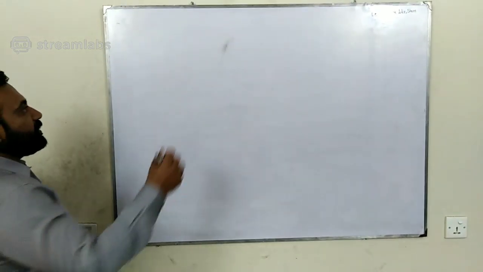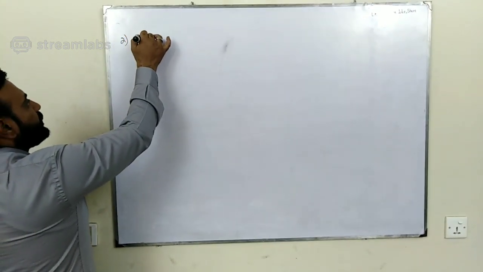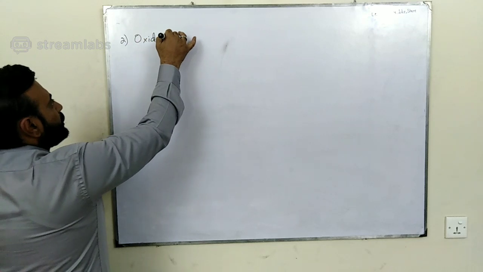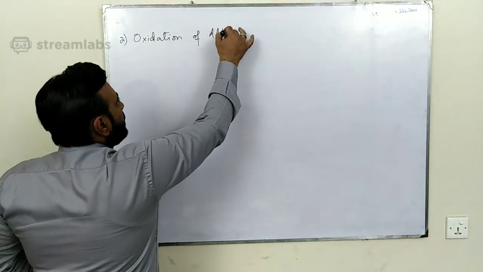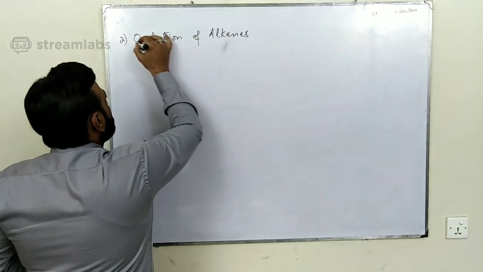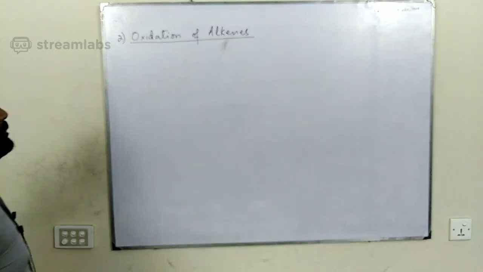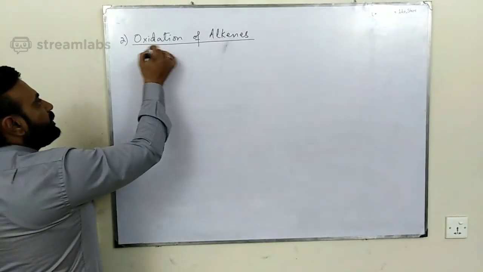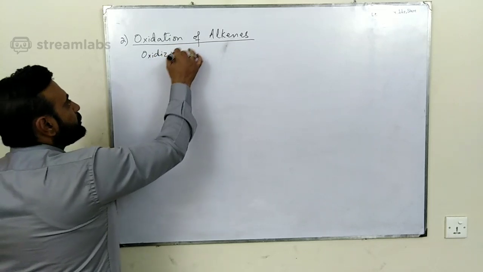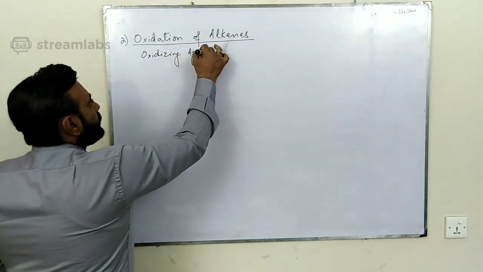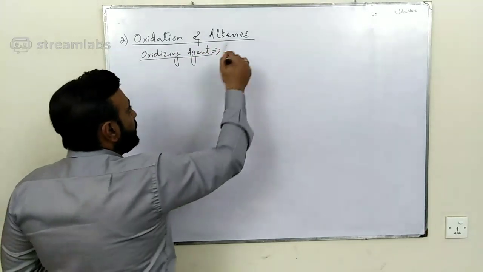Okay, the next reaction of alkenes in your syllabus is oxidation. And the oxidizing agent that we use for this reaction is acidified potassium manganate.